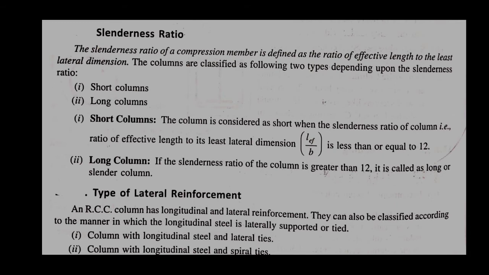Some coefficient is multiplied with the length, and these depend completely on the support condition. Now, next is long column. If the slenderness ratio of the column is greater than 12, then it is called a long or slender column. So, these are the basic two types of columns depending upon slenderness ratio.